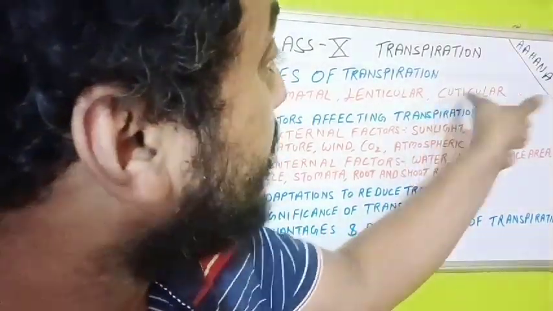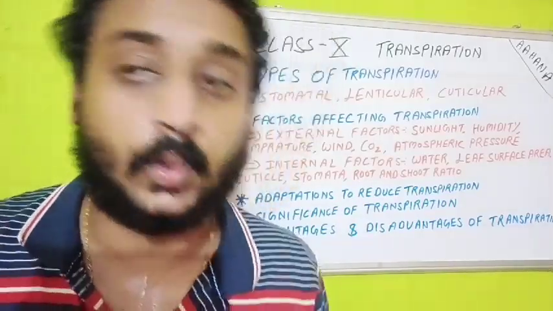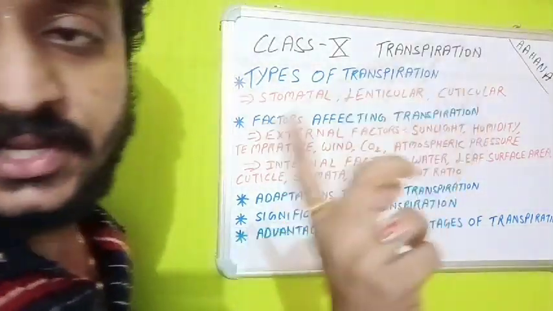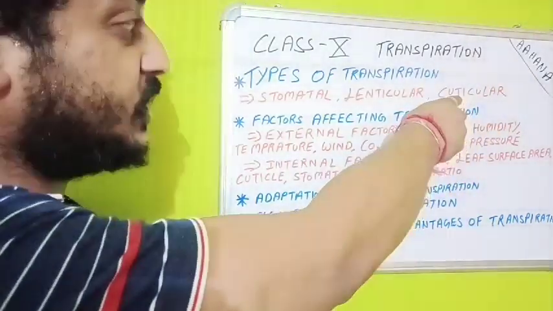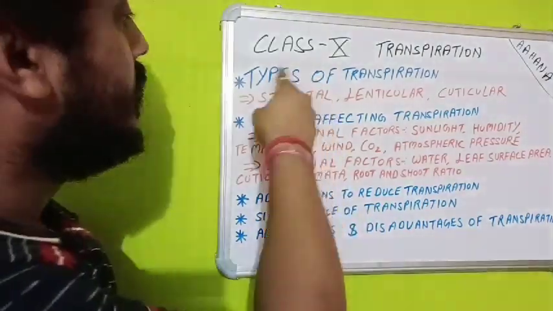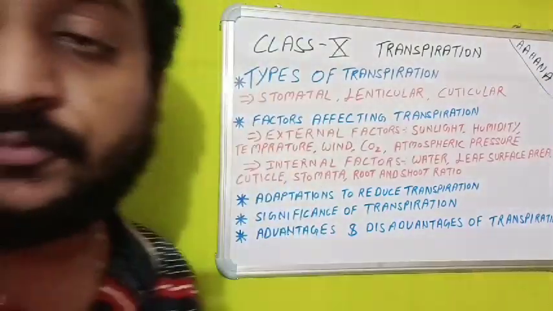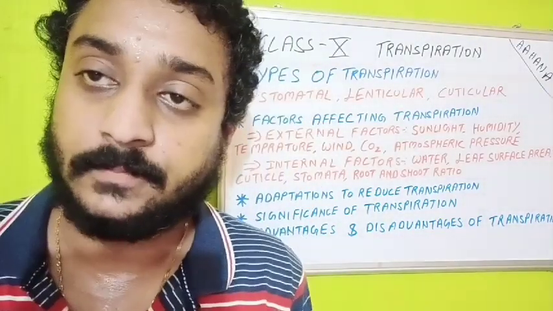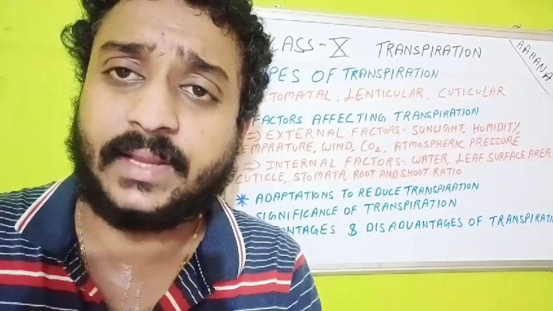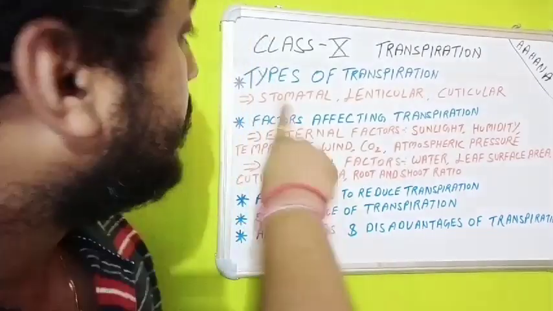And 5 to 10% of the transpiration takes place through the cuticle. Cuticle is around 10% of transpiration and lenticle only 0.1 to 0.5, which means mostly this 85 to 88% of transpiration is conducted by stomata.